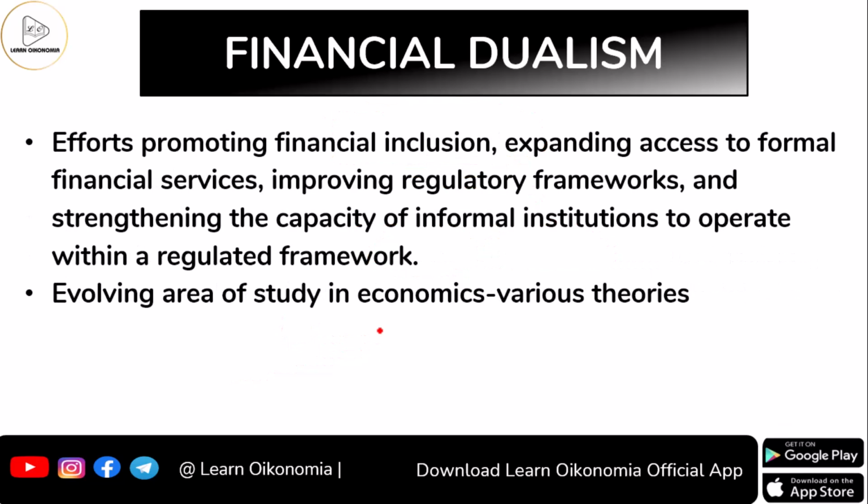So effort is required to promote something called financial inclusion. We require more financial services. We should have more financial instruments so as to enable even the people who are poor, even the people who are marginalized, even the people who are downtrodden to get some kind of financial assistance from the formal setup. So we require a proper regulatory framework.